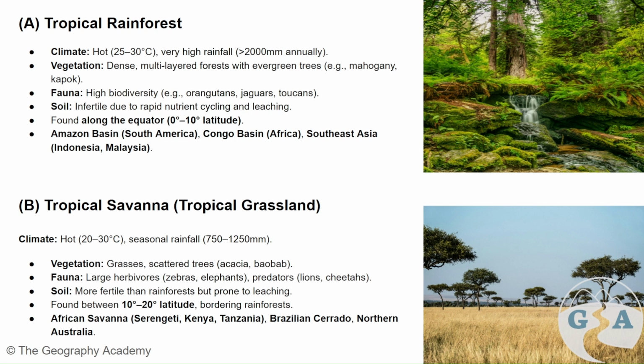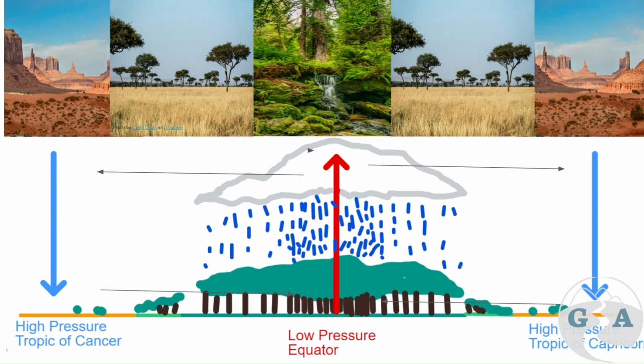Soil fertility then can have leaching as well, but has a higher fertility overall. So the rainforest is found 0 to 10 degrees, normally, not always, and then 10 to 20 degrees is where we'd find most savanna climates. So the African savanna, Brazilian Cerrado, and Northern Australia have huge areas then of savanna.